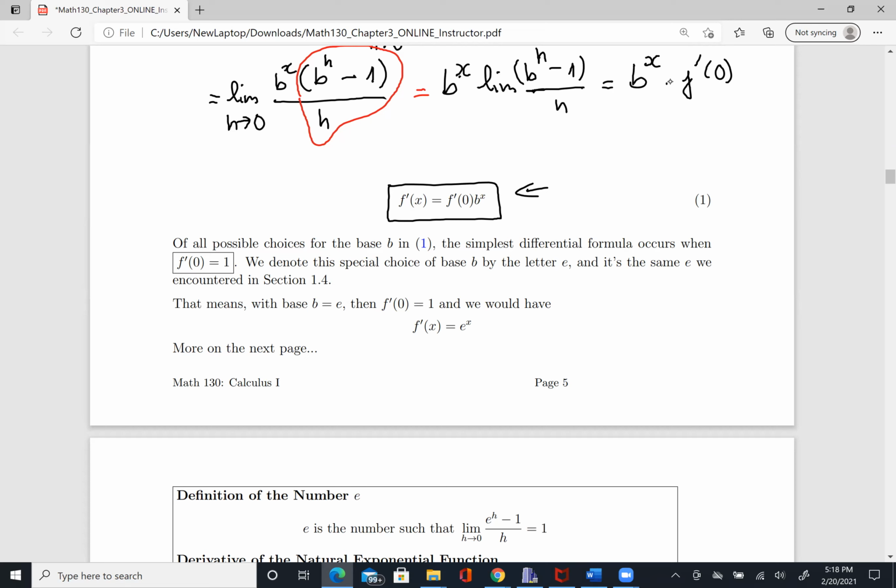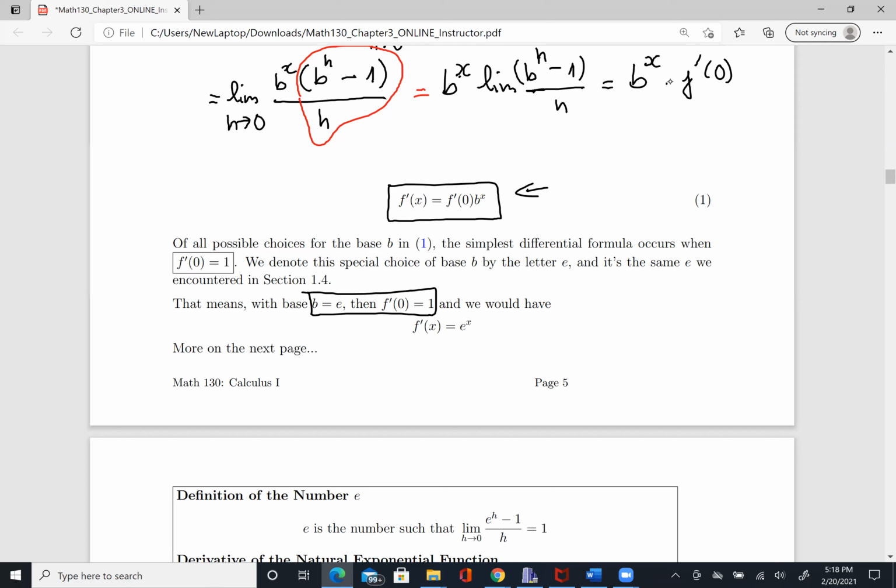That means with base b equal to e, f prime of 0 is equal to 1.